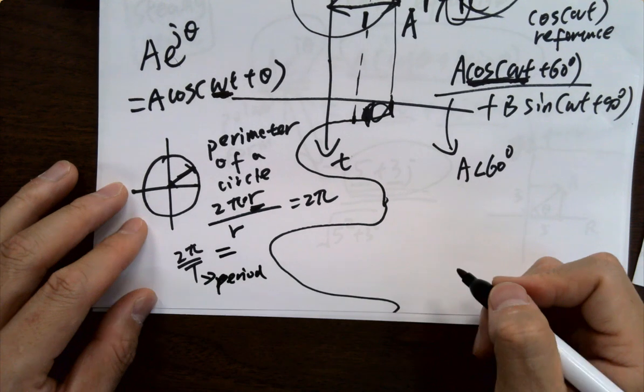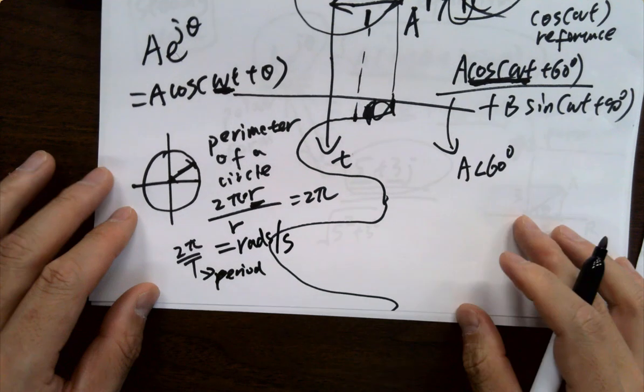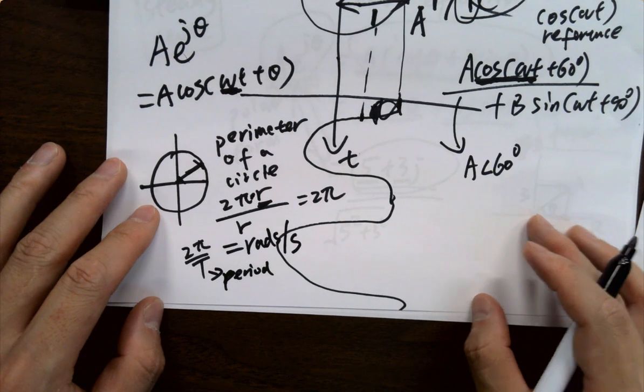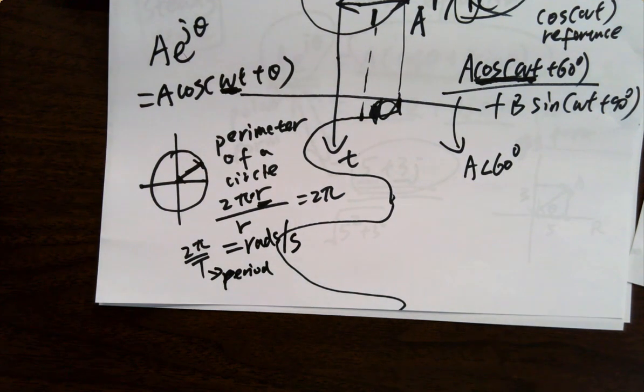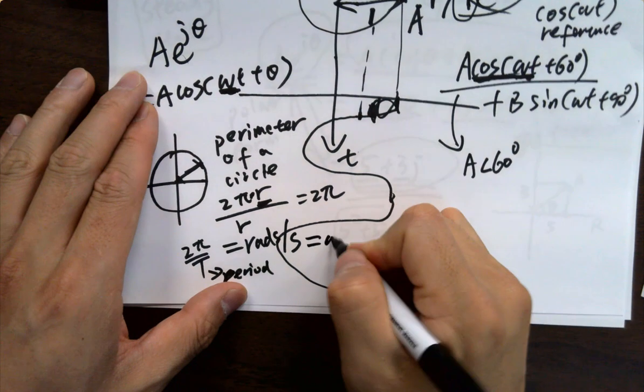So what is this called? It's radians per what? Second. Is that correct? Because you have 2 pi radians to run through the circle. It takes how much time? T. So 2 pi over T will be how many radians per second? That's omega.